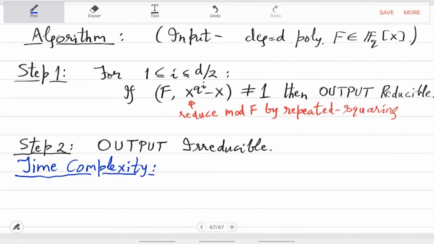The for loop is d many times. The GCD computation, before that you have to compute x to the q to the I mod f, right? How much is that? That is again I log q, so d log q many squarings.